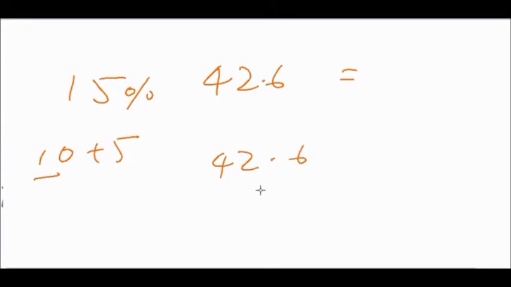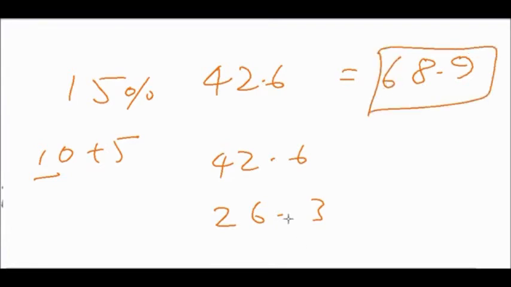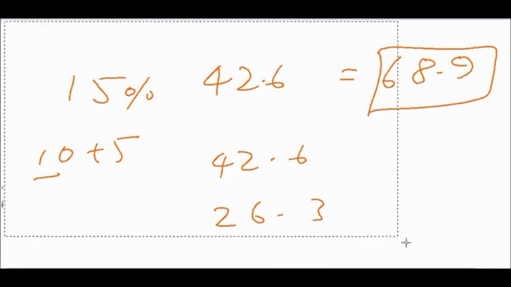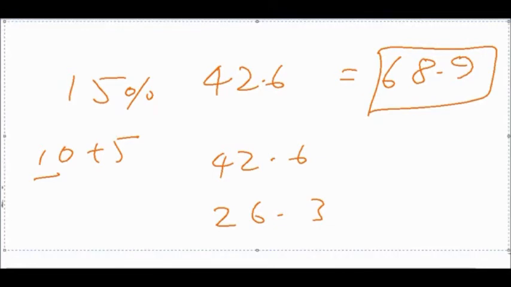And 5% of 426 is half of this, that is, 21.3. We just have to add these two numbers. 42.6 plus 21.3 gives 63.9. This is the answer. This is also a very easy trick, and of course easier than calculating all the percentage things.